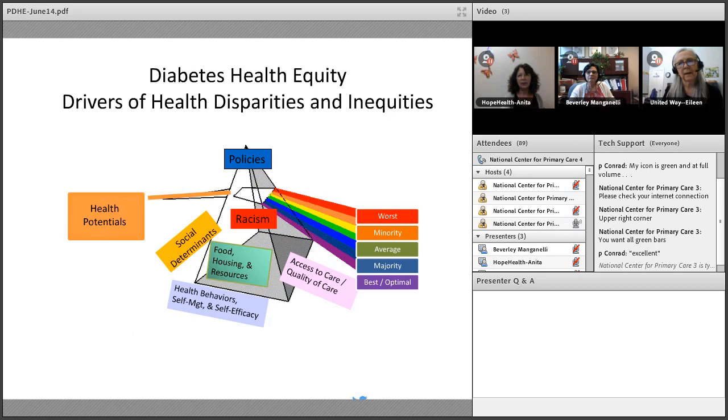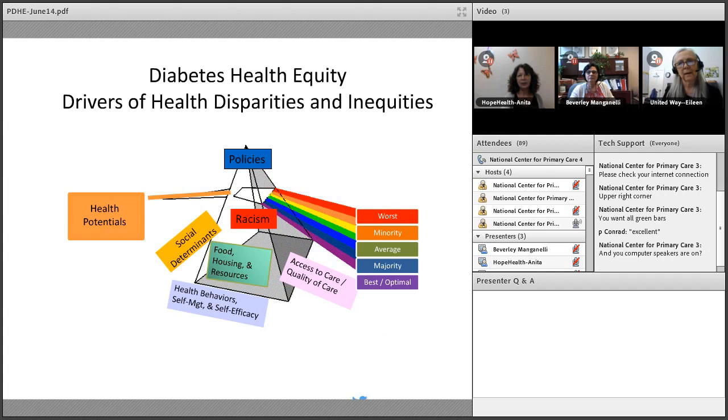This diagram, to me, does a really good job of displaying some of the drivers that our teams worked around. A patient's health potential has many things that make it up or that can impact it.